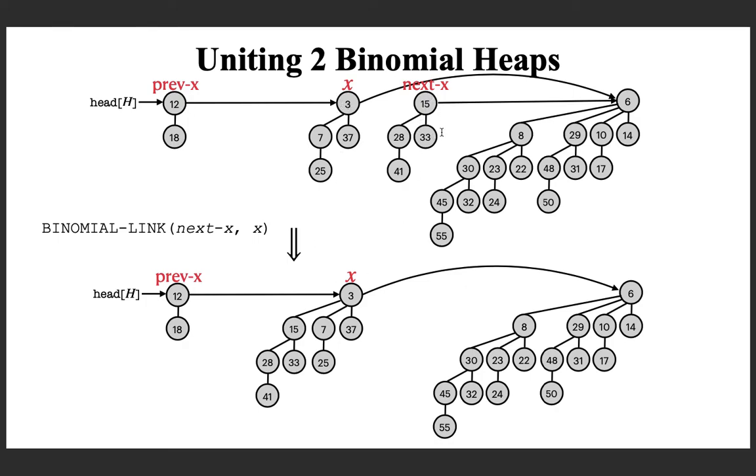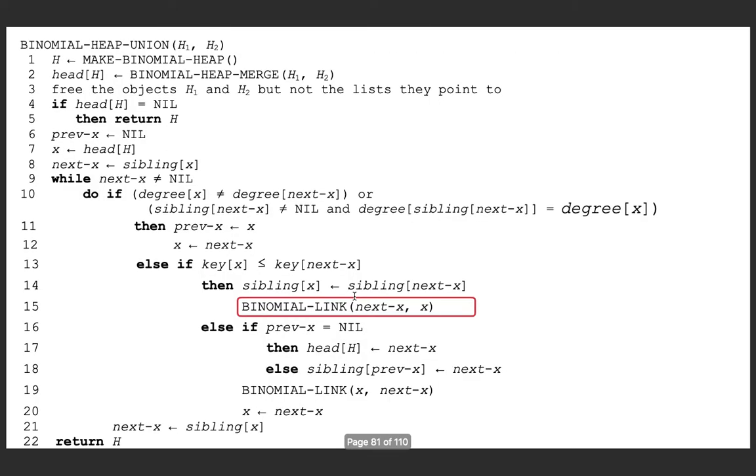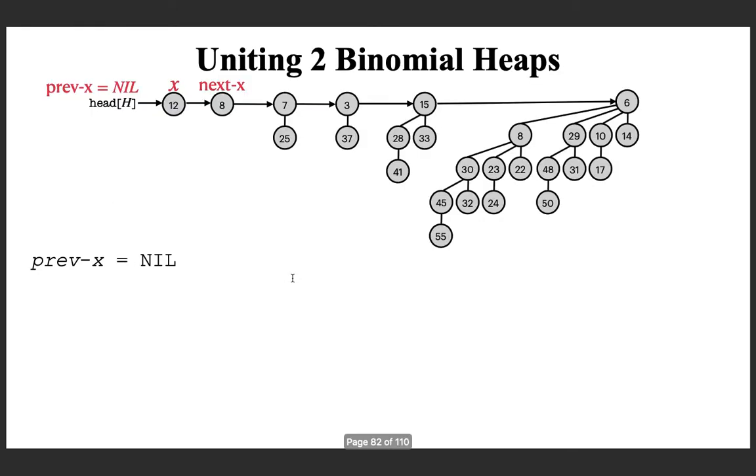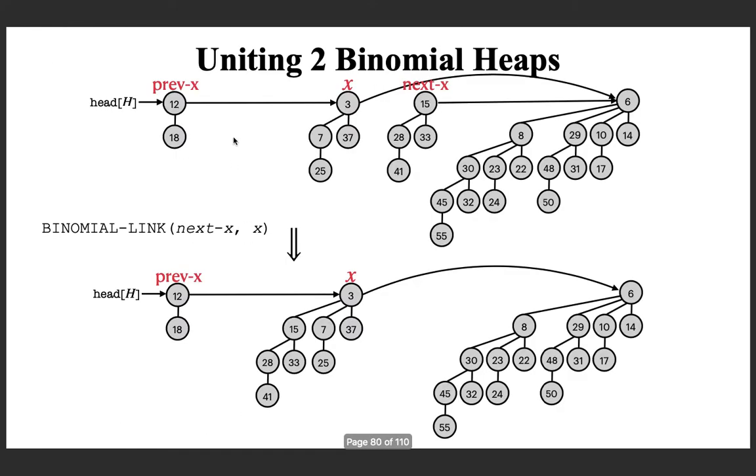The node 15, which contains this tree, is set as the leftmost child of x, and so that part is done. That is what you do in this case. Now you are moving down. This case is done, that is, when the value of this node is less than or equal to the value at the next node.